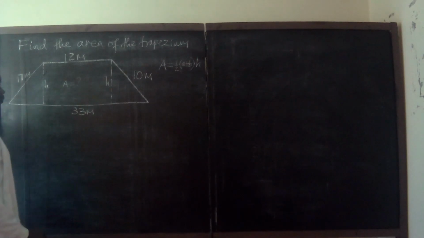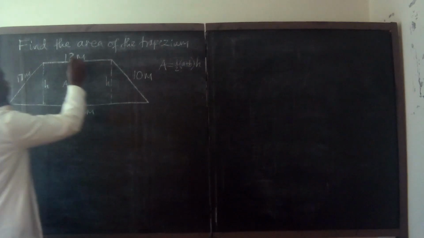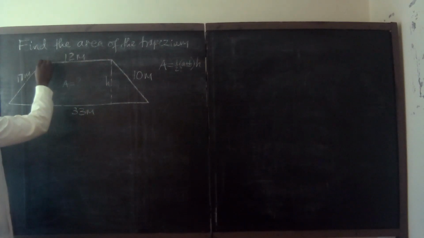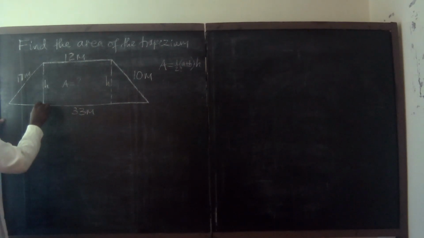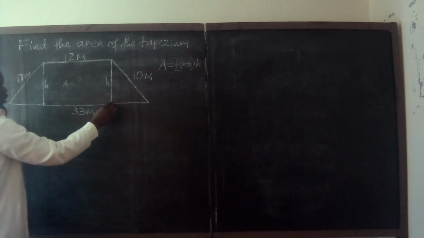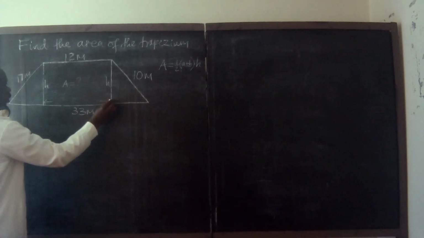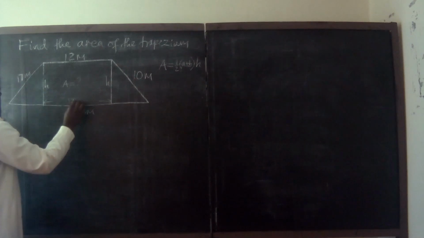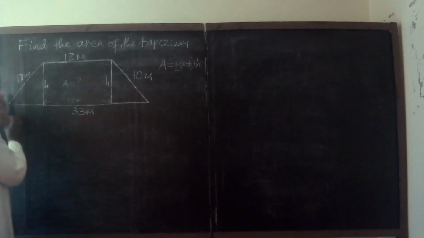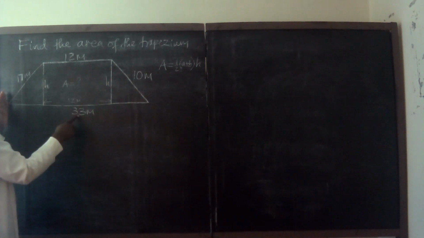At the top here, we can see this length is 12 meters. I've drawn this perpendicular line to this point, and the same for this perpendicular height. So from this point up to this point, it is also 12 meters. But from this point up to the end, it is 33.